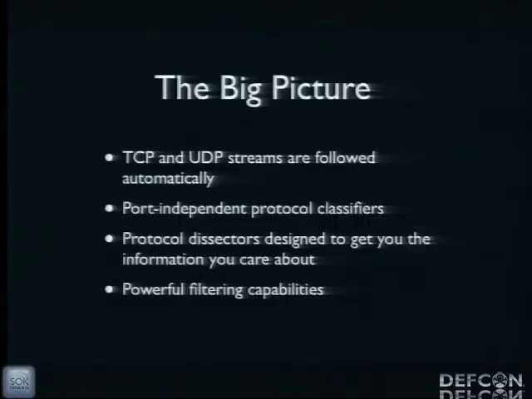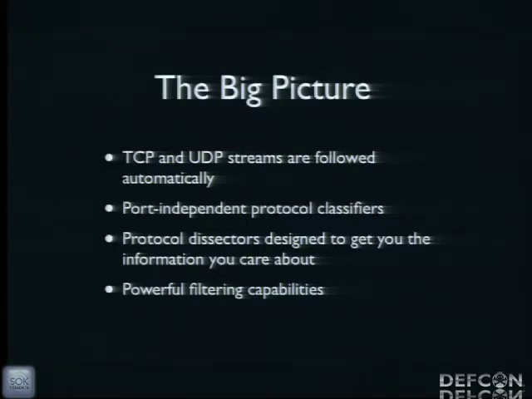The big picture is that DivaShark will do the same sort of traffic analysis or capture that DivaShark does. You can load in from a PCAP, or you can do live capture from a card if it's in promiscuous mode. It automatically tries to follow TCP streams and UDP streams even as they come in and group them together into individual streams.